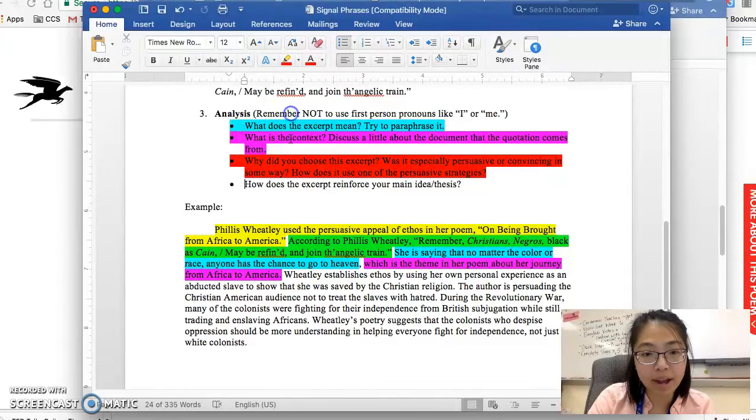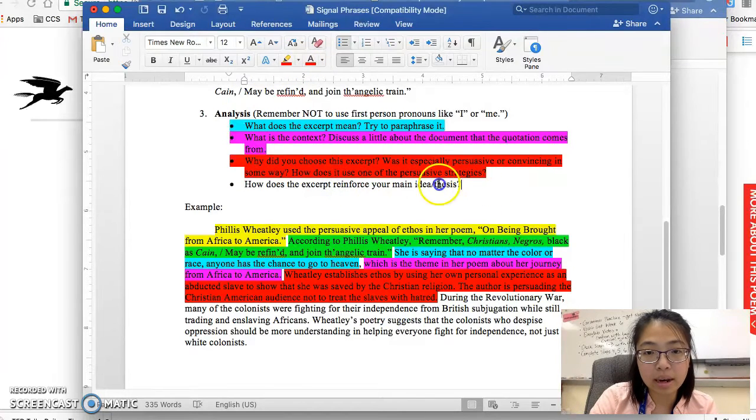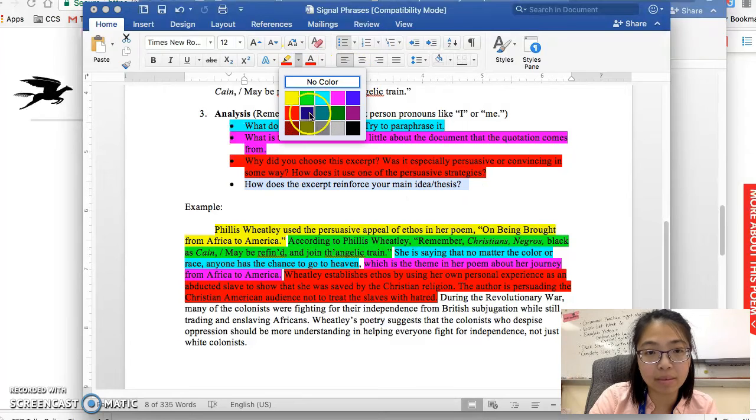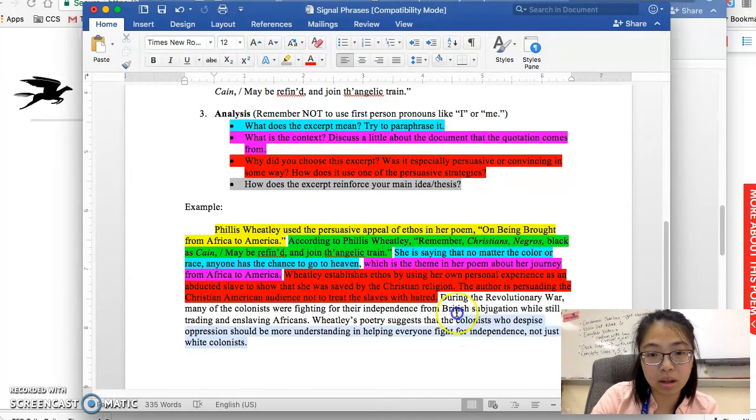I'm going to put that in red. So it is going to be all of this, how they're using ethos, and then bringing it back to the main idea of my essay, my thesis statement. Go ahead and put that in gray, and it's going to be the rest of that.